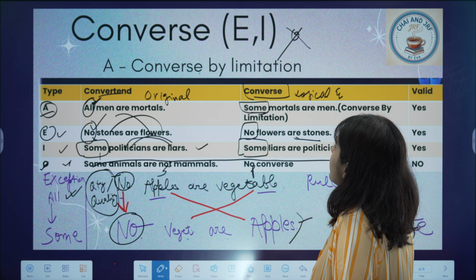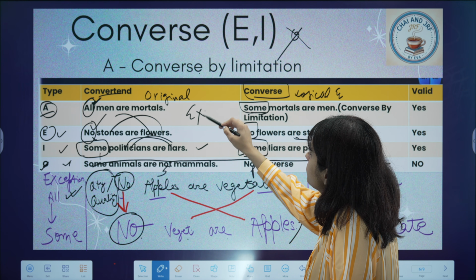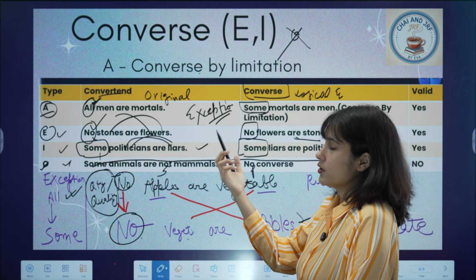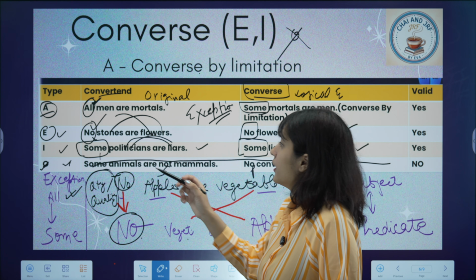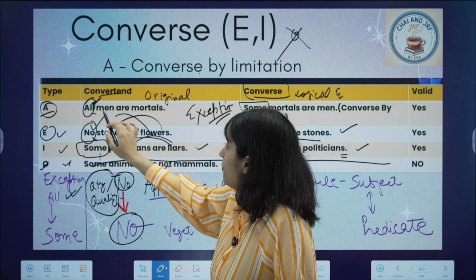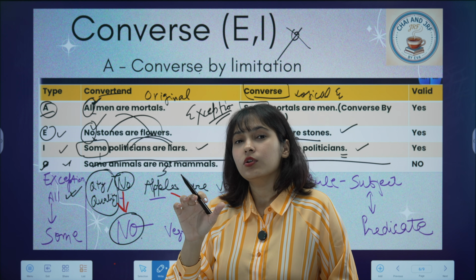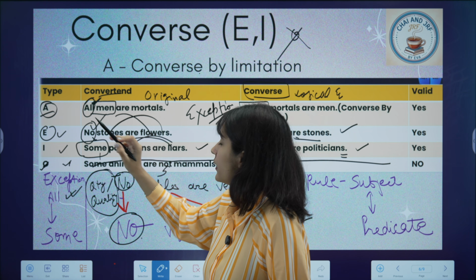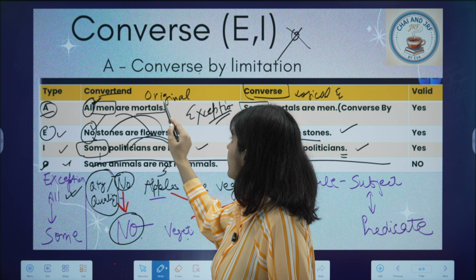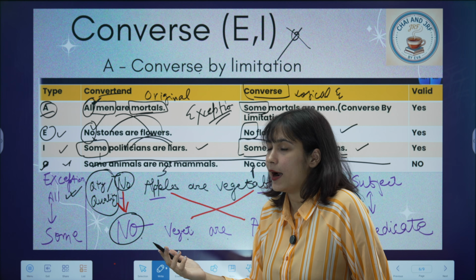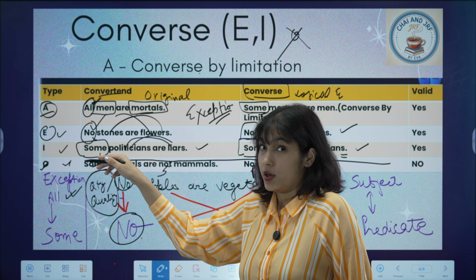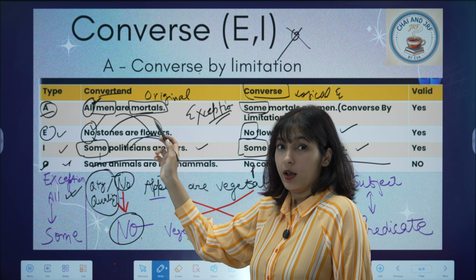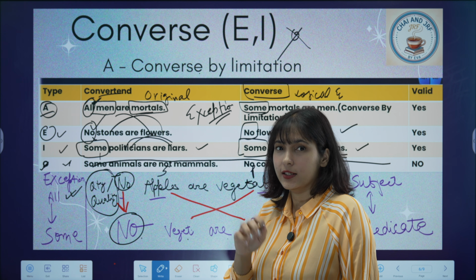So why are we using this rule of exception by conversion? Because here you can see that all men are mortals. If you know the rule of distribution, all distributes the subject, but it does not distribute our predicate. So we cannot say that all mortals are men. We are sure that all men are mortal, but it will not hold in the other direction. Why?